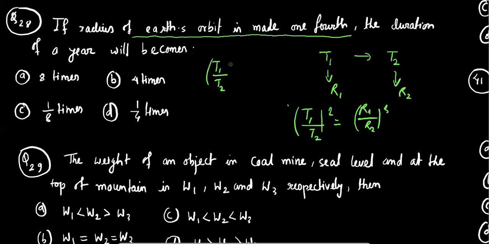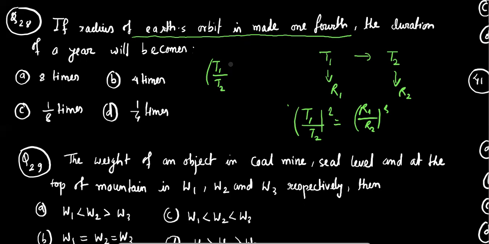Okay, (t1 by t2) whole square equal to r1 by r2 can be replaced as 1 by 8 times. Okay, 1 by 4 times.